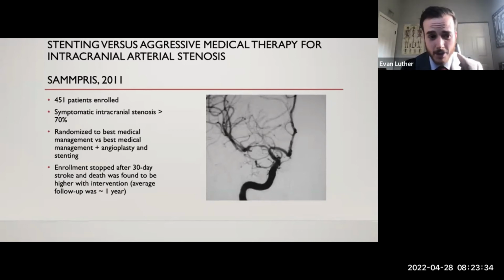What they found is that enrollment stopped after about a year because 30-day stroke and death was significantly higher in the intervention group. Just so you understand the breakdown, the majority of these patients had either MCA stenosis or basilar stenosis, with the remainder, I think about 15 or 20%, making up ICA and vertebral artery stenosis.